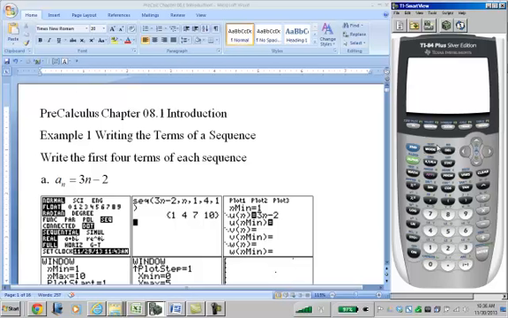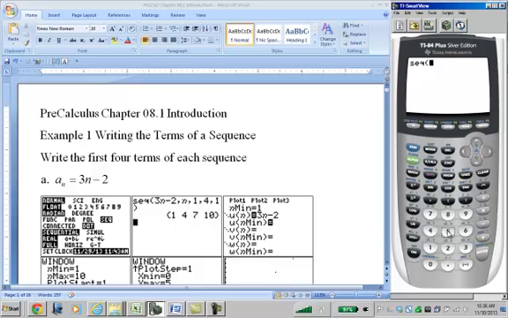Now the first way I can do this using the calculator, and obviously we already just did this by hand, but let's use the calculator so we learn how to do it. Second, and then the stat key, and that puts me in the list menu. I arrow over to ops, and down here at number 5 is sequence, so I hit 5.